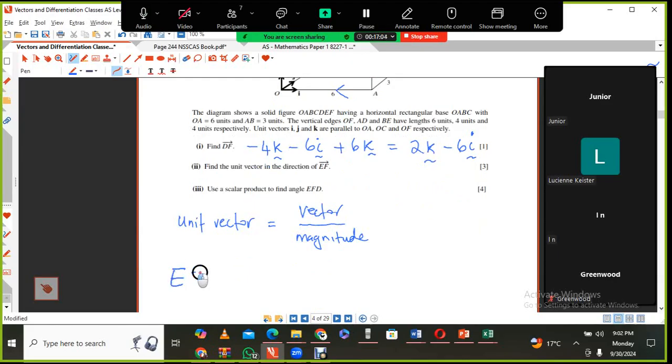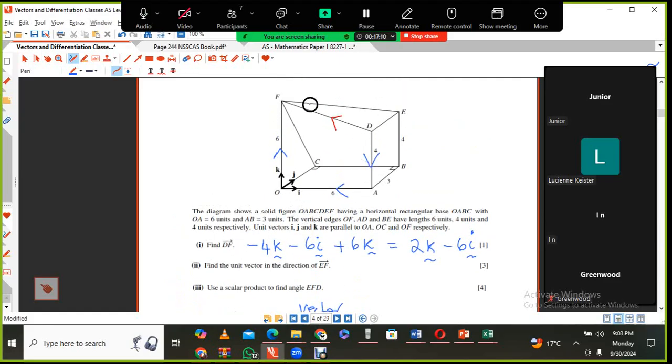So what is vector EF? That means we're going from here all the way to F. It's not like you're going along ED and then you're going to DF. Can you see that?